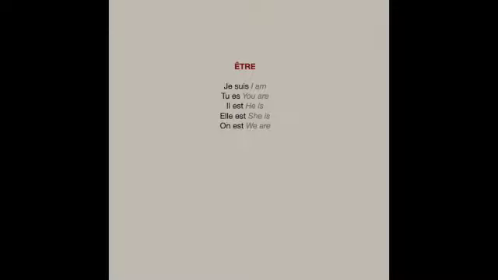So we have here the singular persons. Je suis, tu es, il est, elle est, on est. So you can see for the il, elle, on, I did a liaison.